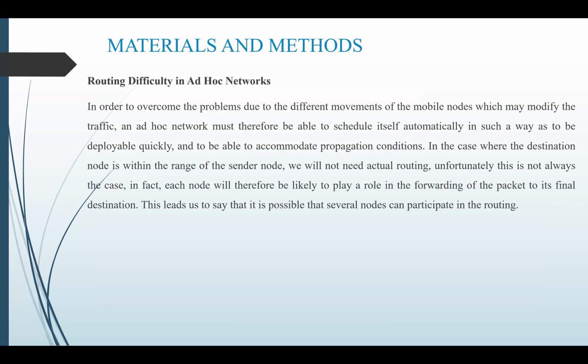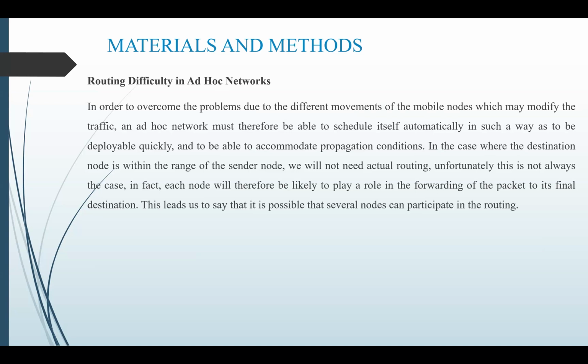Routing difficulty in ad hoc networks. In order to overcome the problem due to the different movement of mobile nodes, which may modify the traffic, an ad hoc network must therefore be able to organize itself automatically in such a way as to be deployable quickly and to be able to accommodate propagation conditions. In the case where the destination node is within the range of the sender node, we will not need actual routing.